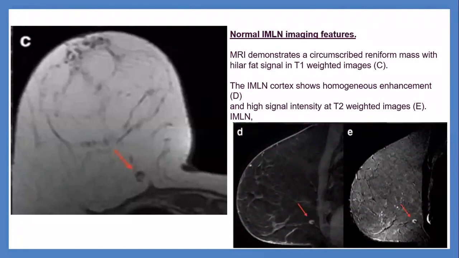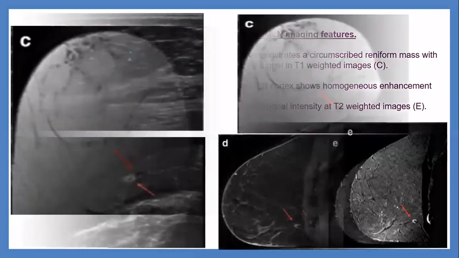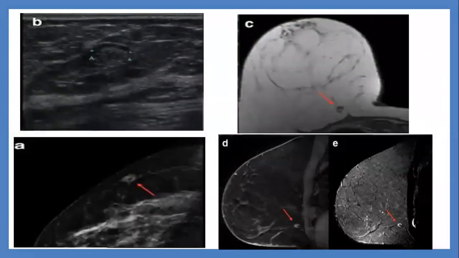Circumscribed reniform mass with higher fat in T1 weighted non-fat SAT, and the cortex demonstrates homogeneous enhancement and high signal intensity at T2 in case of intramammary lymph nodes, okay? These here on mammography, same lymph node.